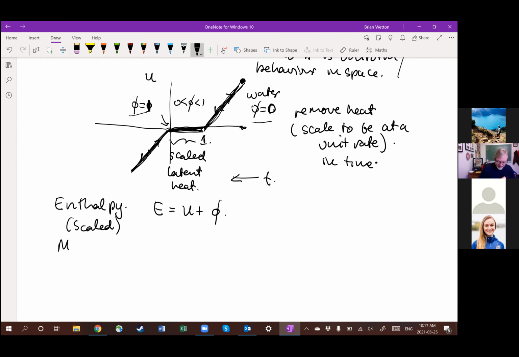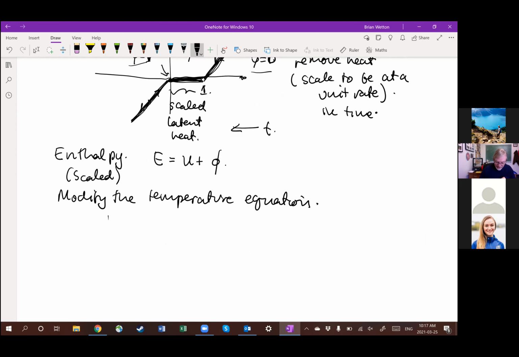So let's modify the temperature equation, which is all about a heat balance, to be: it's the enthalpy that's changing due to heat flux and volumetric heating.